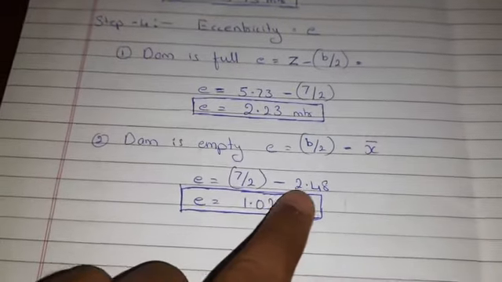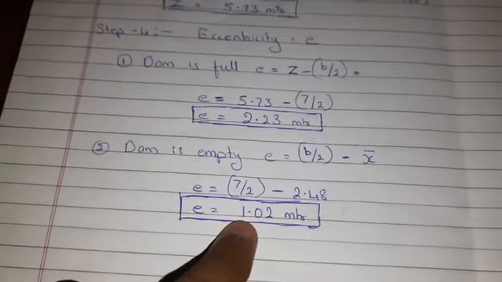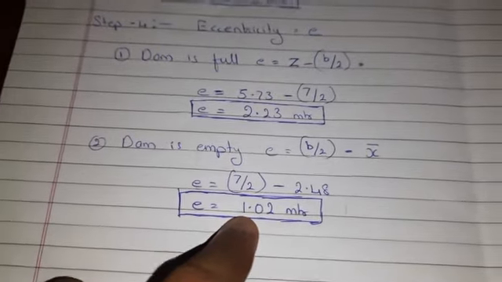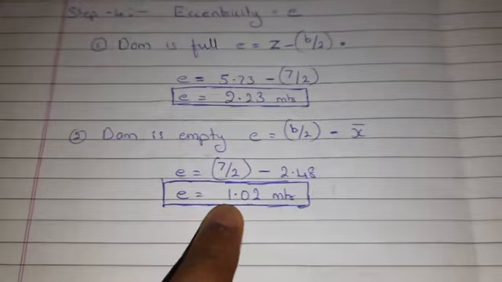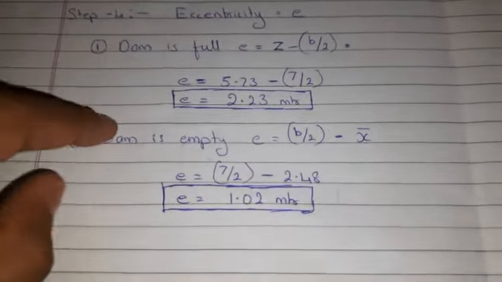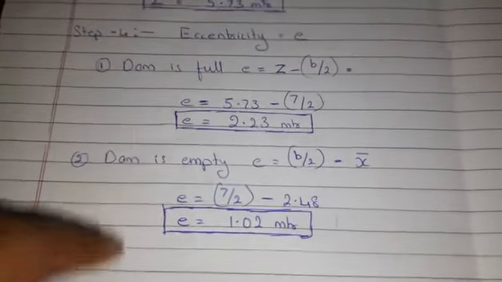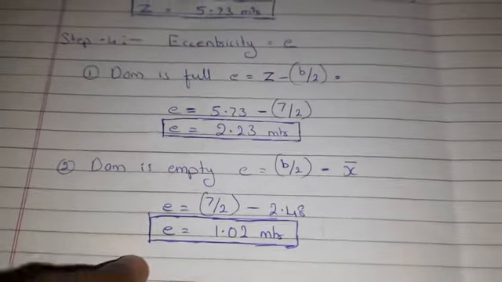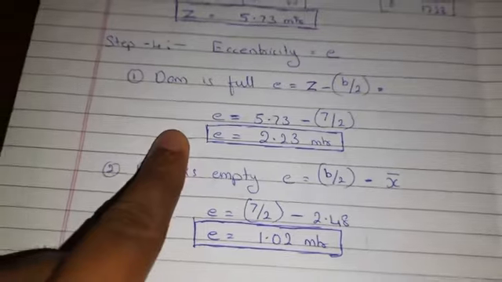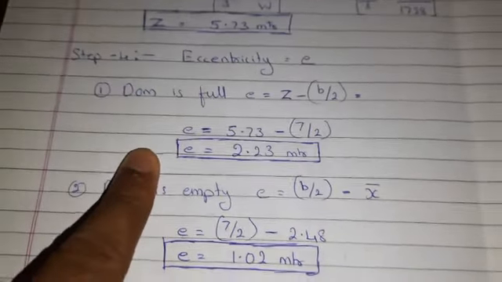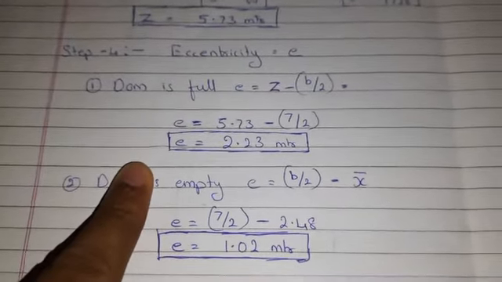So 3.5 minus 2.48, we get 1.02 meters. So these are the values of eccentricity when the dam is full and when the dam is empty. After calculating the eccentricity, the next step, step number 5, is calculation of maximum pressure and minimum pressure intensities.